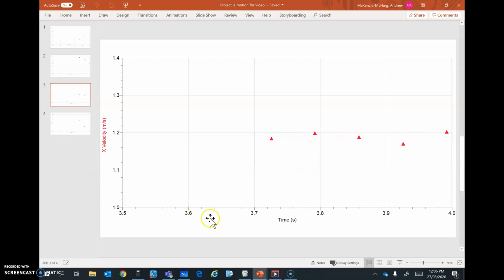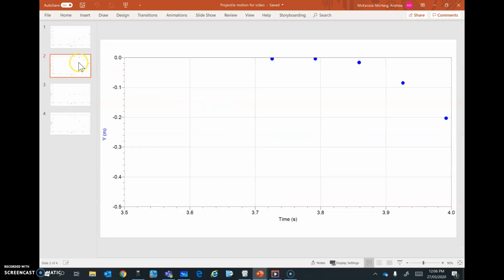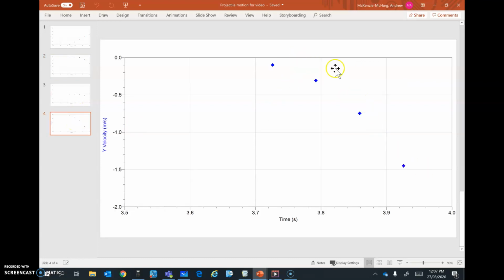Now in terms of the vertical velocity and the vertical displacement, well, we see here that the vertical displacement increases slowly at first and then more rapidly because the ball's accelerating. In terms of the velocity, that increases in the negative direction. This looks curved.